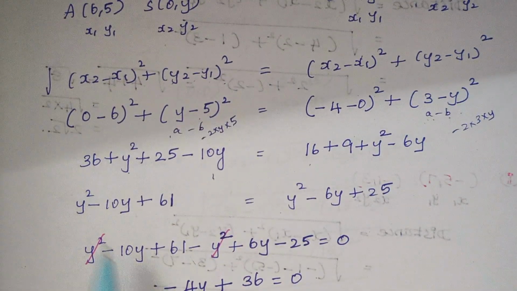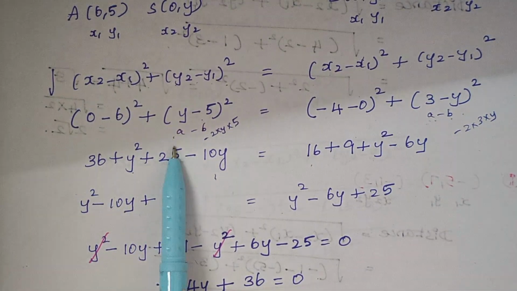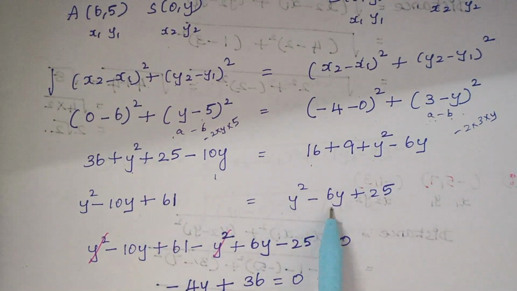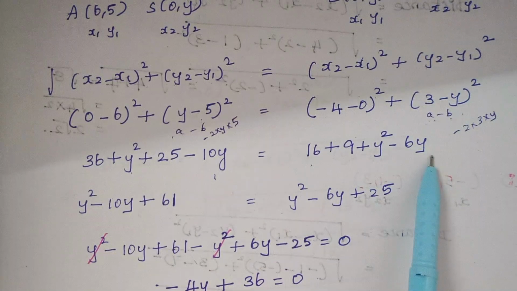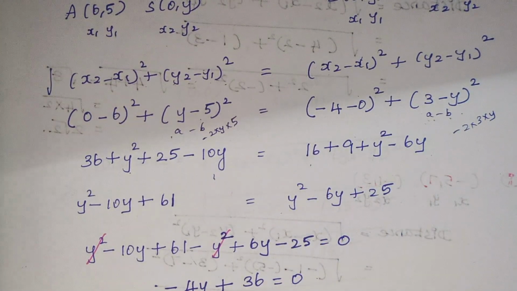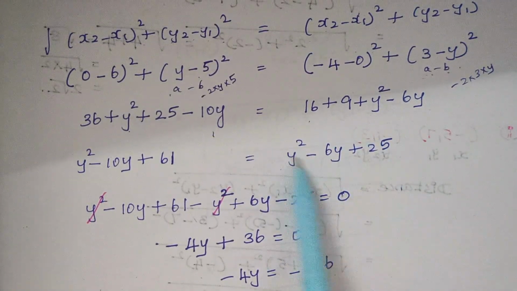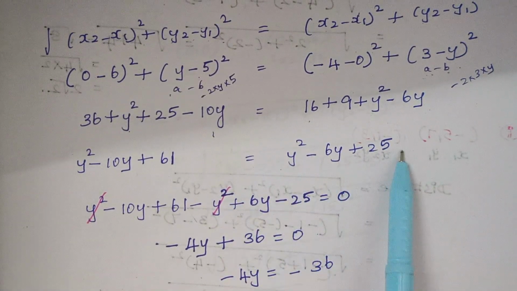Again, when you simplify, you see here y square minus 10y, 36 plus 25 gives 61. And here again y square minus 6y, 16 plus 9 gives 25. Now I am moving all the terms to the left hand side. So there is a sign change.